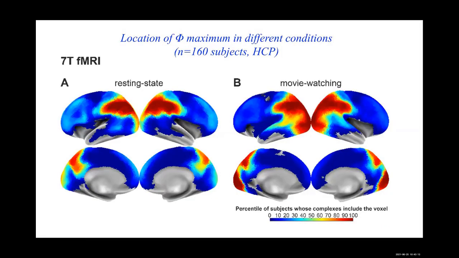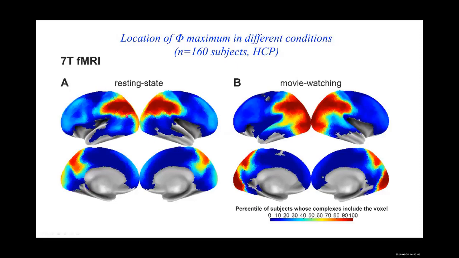And then if you actually go subject by subject, you find out with an algorithm which is far from perfect and far from comprehensive, essentially based on simulated annealing, what is the set of voxels that is maximally integrated within each subject, and you plot it across 160 subjects, and you say, what are the voxels in the brain that are most likely to be part of this maximally irreducible set, which according to IIT would be the physical substrate of consciousness, or as we call it, the main complex.